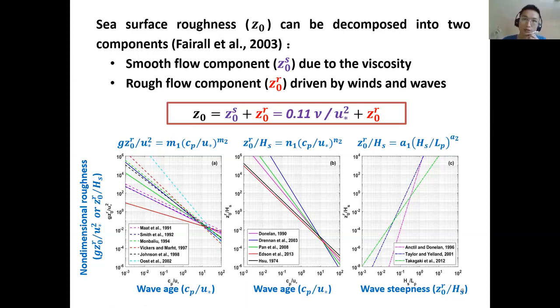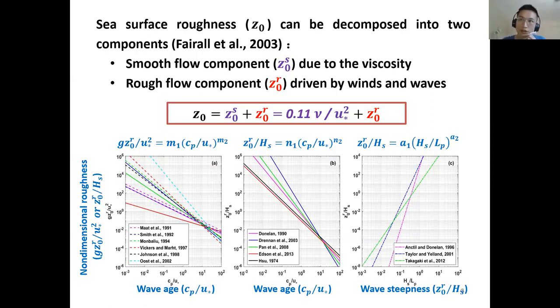In these formulas, M1, M2, N1, N2, and A1, A2 are empirical parameters determined using observational data. The wave steepness is the ratio of significant wave height over the peak wavelength, which is a geometric parameter measuring the wave nonlinearity.